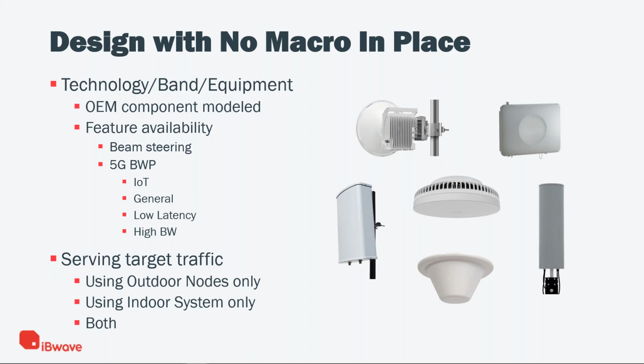Now, serving that target traffic when it comes to using outdoor nodes only, you need to be aware of the penetration of that signal in building. Because we're talking about higher frequencies, many times with 3.5 gigahertz when it comes to CBRS.